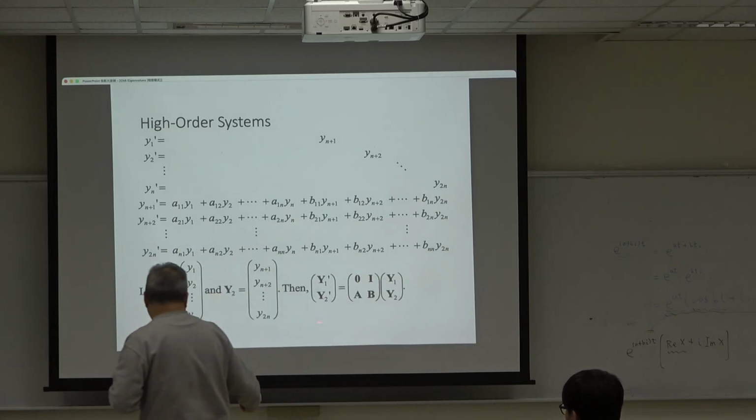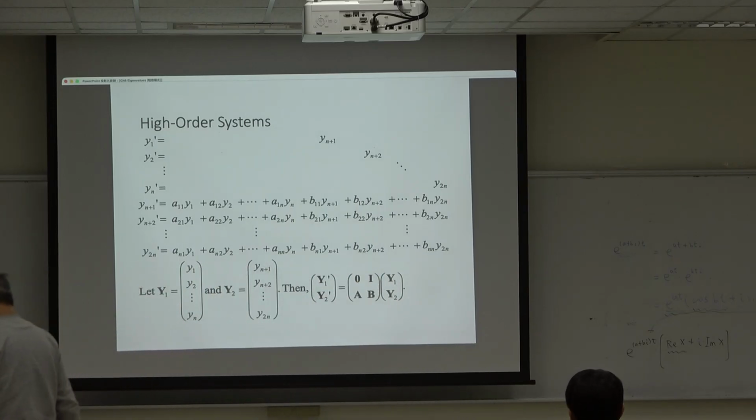With this at hand, you are now able to use whatever we have learned on how to solve a first order system of linear differential equations. It's just a little bit bigger, but basically the idea is the same.